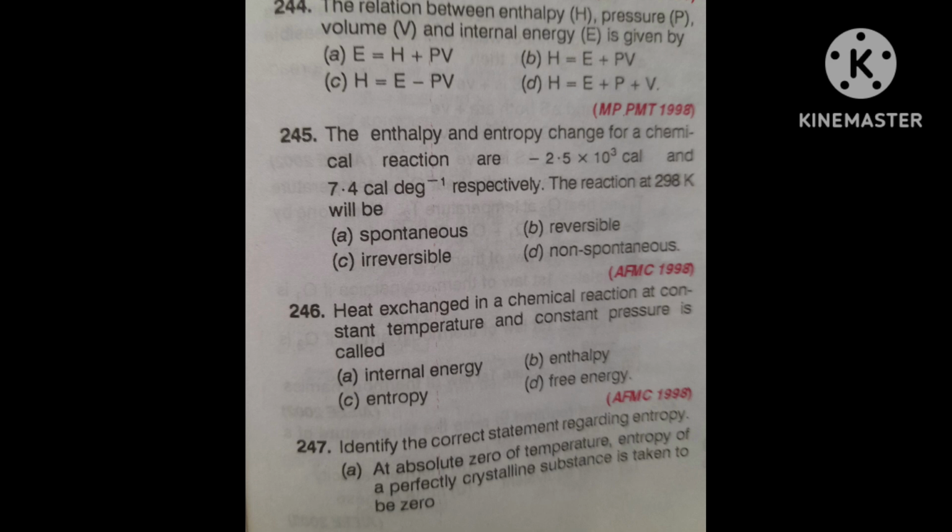Now next question. Heat exchanged in a chemical reaction at constant temperature and constant pressure is called, first option, internal energy change, second, enthalpy, third, entropy, fourth, free energy. Again I am repeating the question.